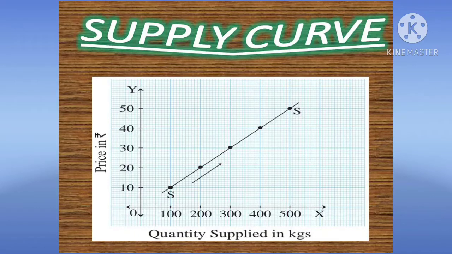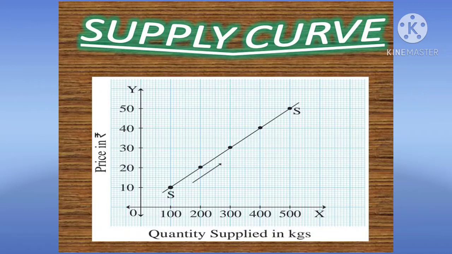Supply curve. In the figure, x-axis represents quantity supplied and y-axis represents the price of the commodity.